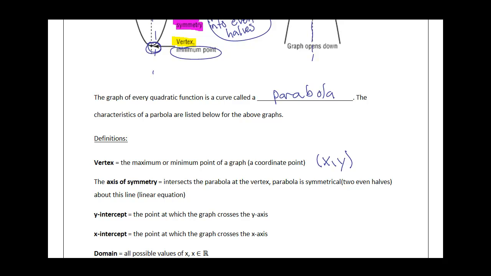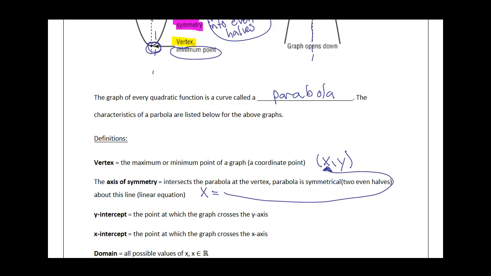The axis of symmetry intersects the parabola at the vertex, and the parabola is symmetrical, having two even halves about this line, which is a linear equation. So our axis of symmetry is just an x value, which we got from our vertex. It is just the x value of our vertex.